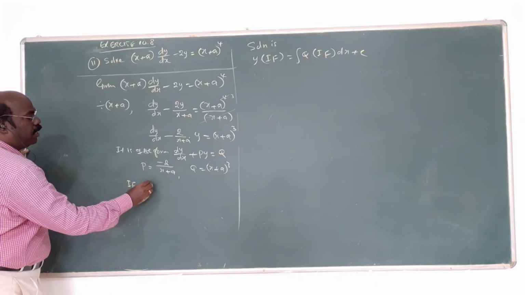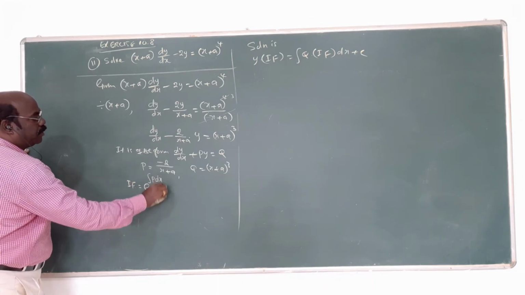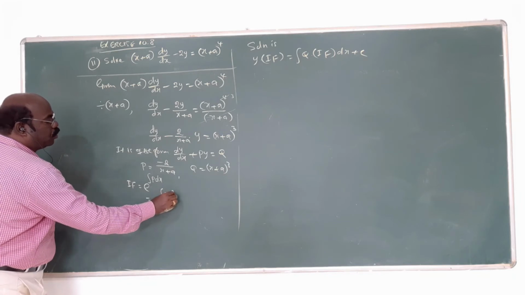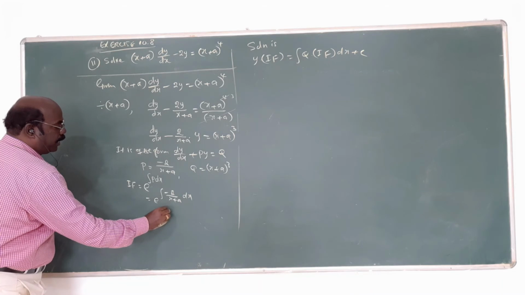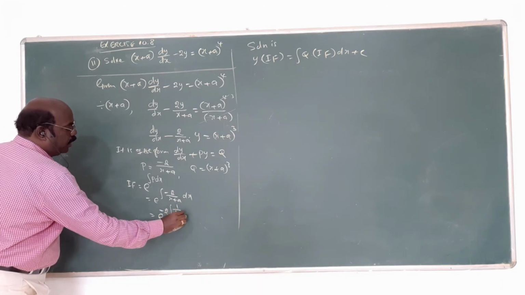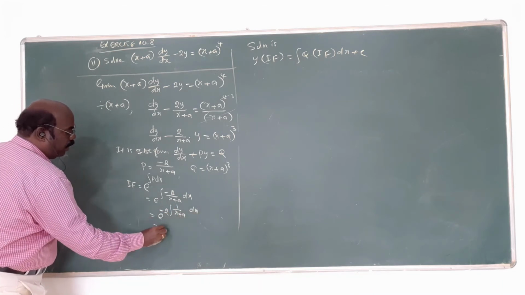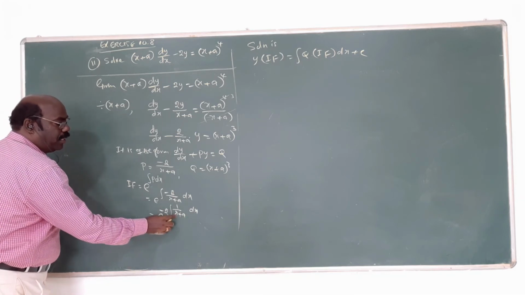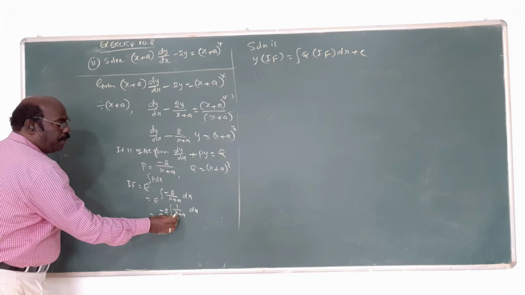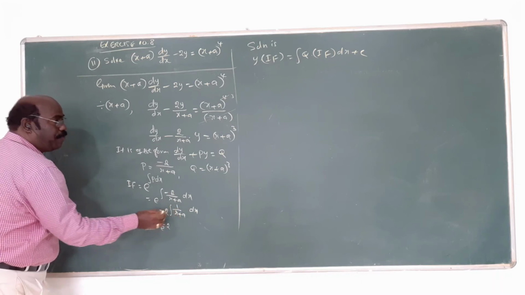What is the formula for IF? e power integral of P dx, e power integration of -2/(x + a) dx. Taking -2 common, 1/(x + a) dx. The denominator is x + a, and the derivative of x + a is 1, so the derivative of the denominator equals the numerator.